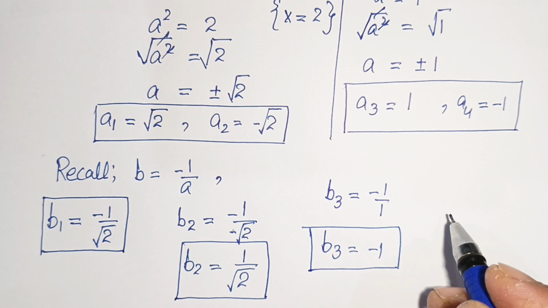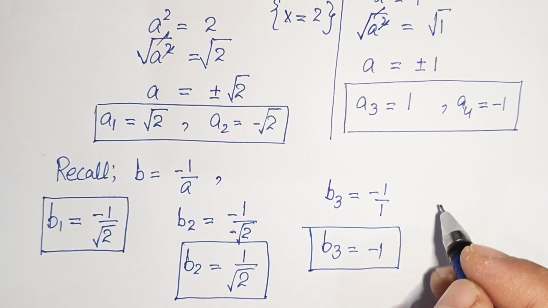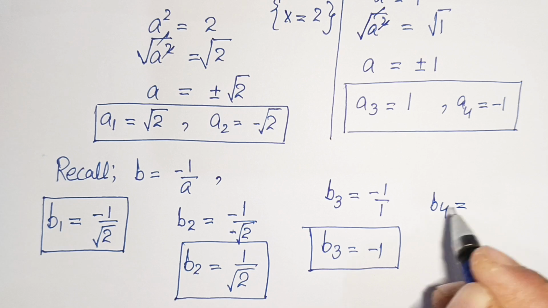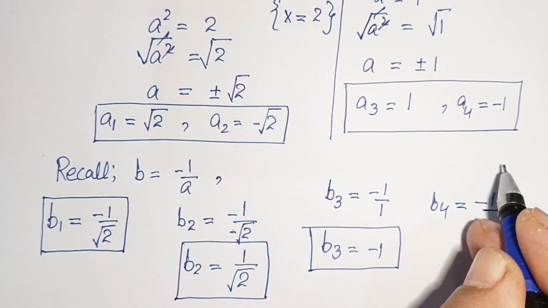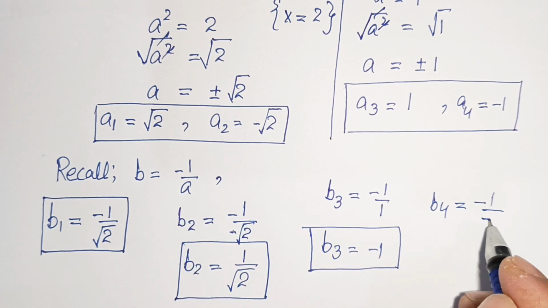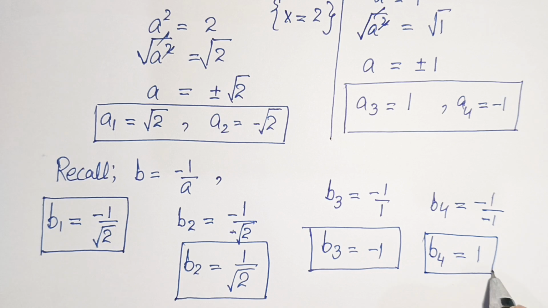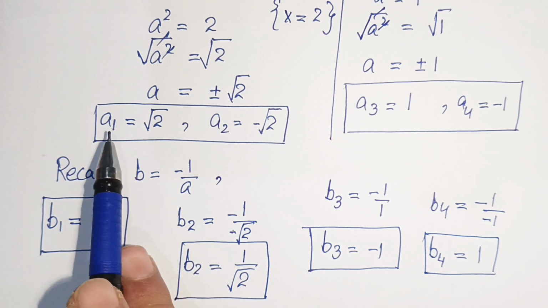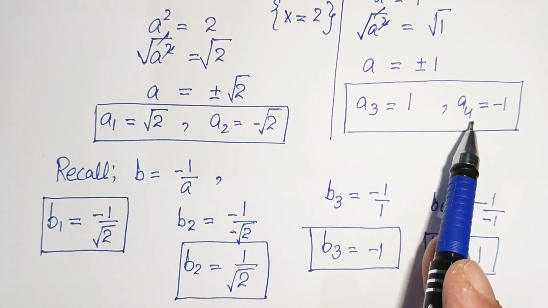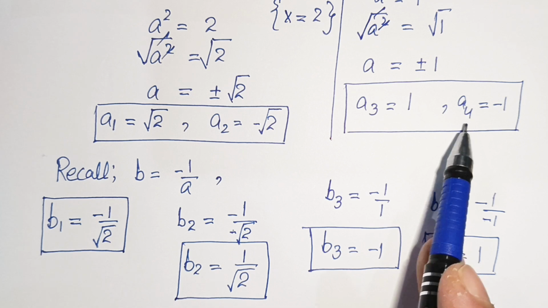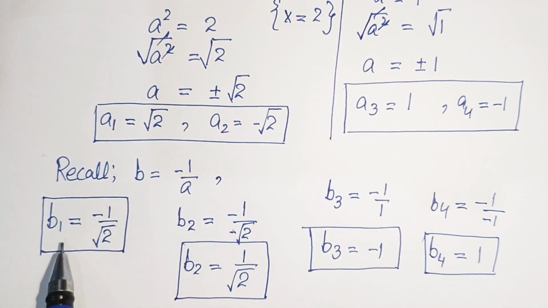Now for finding the value of b4, b4 is equal to minus 1 over a, here it is minus 1, so minus times minus is plus, b4 is equal to positive 1. Here we get four values of a: a1, a2, a3 and a4. Similarly, for these four values of a, we have four values of b, which are b1, b2, b3 and b4.